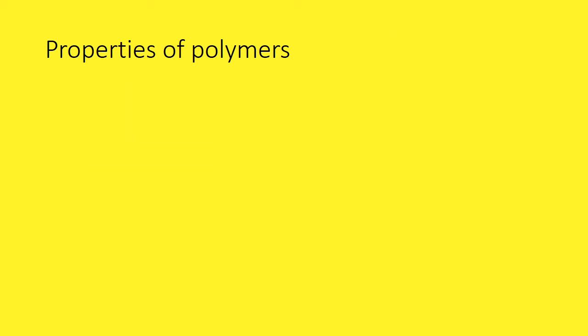So now we're going to have a look at a polymer that is not light and flexible, but instead is quite hard and brittle. So let's write that in. Hard and brittle, which is good for some applications.